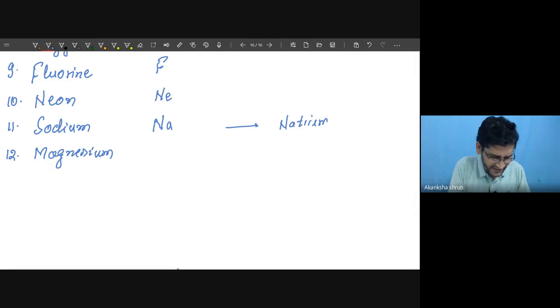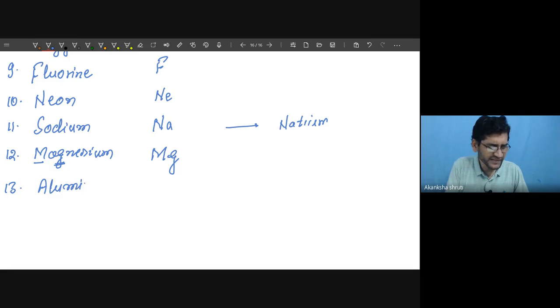The symbol is M and G, not MA. Here we are getting G, which is just after one alphabet. The 13th one, aluminium. The symbol for aluminium is A, followed by L.